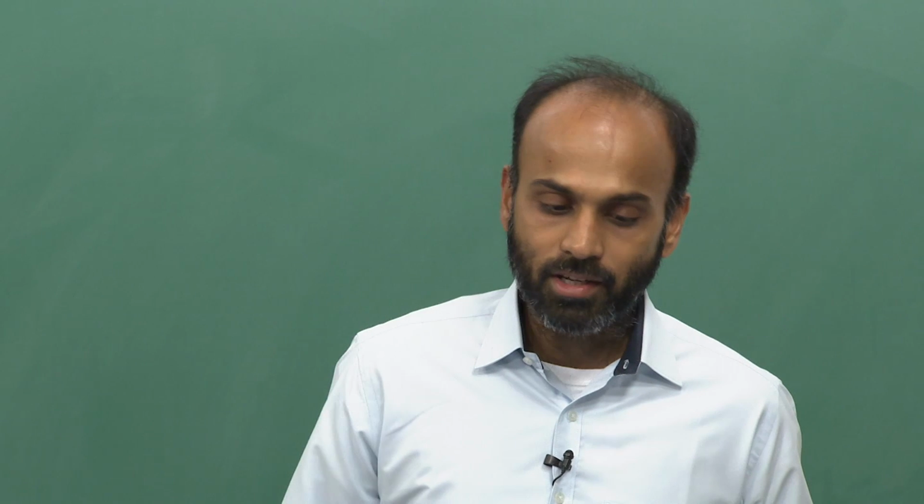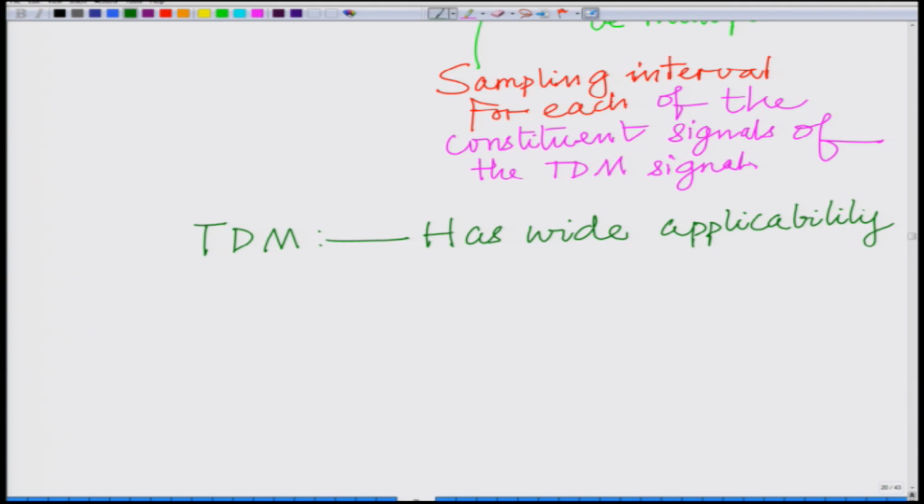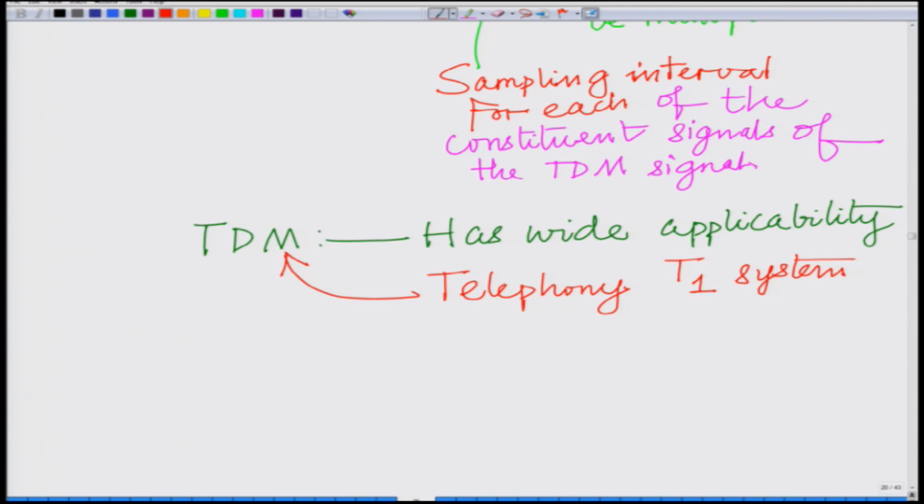TDM, time division multiplexing of signals, has wide applicability. It is used in telephony. For instance, we will see later it is used in a T1 system where a large number of signals are multiplexed on a channel.